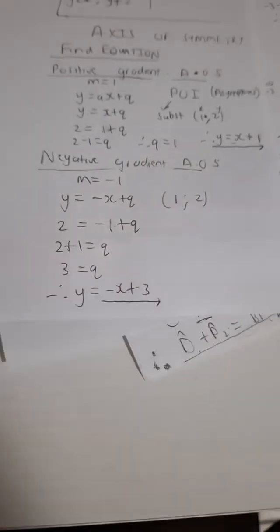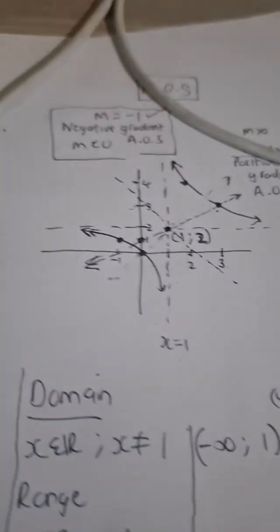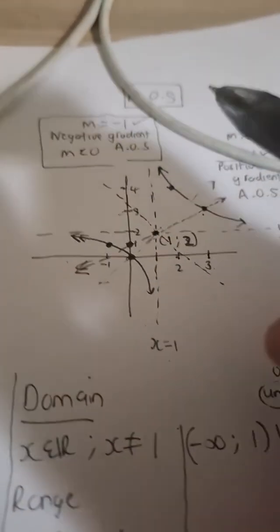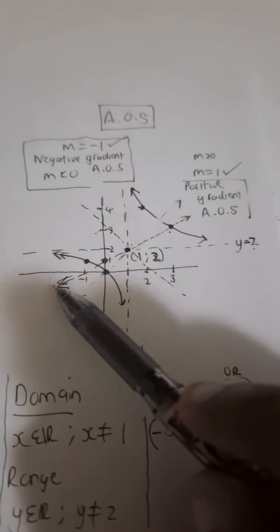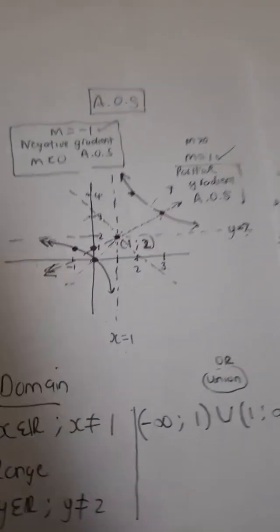Okay, it seems like he's asking. Oh, okay. So like I said, when I was introducing the concept of the axis of symmetry, remember, symmetry means a line that cuts so that we have mirror images of the actual function on either side.